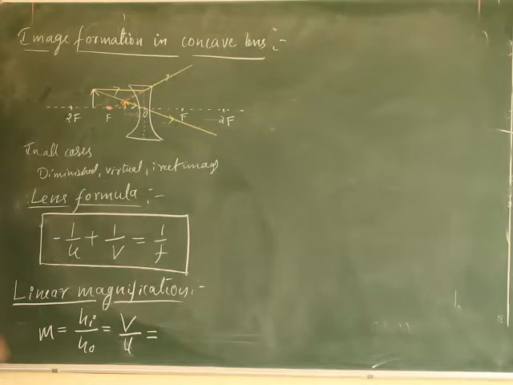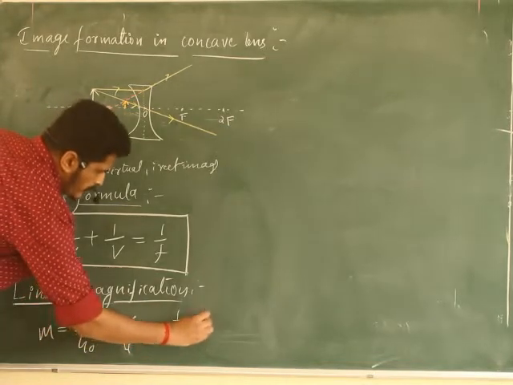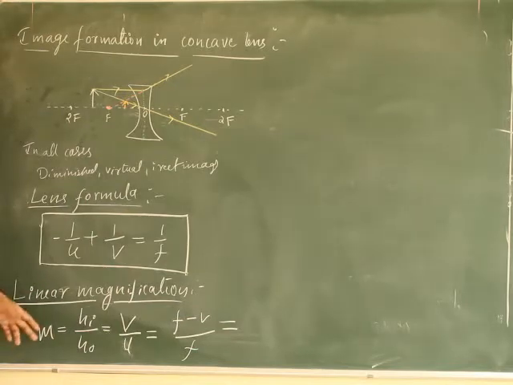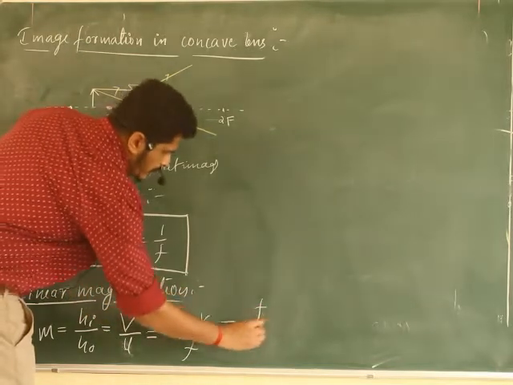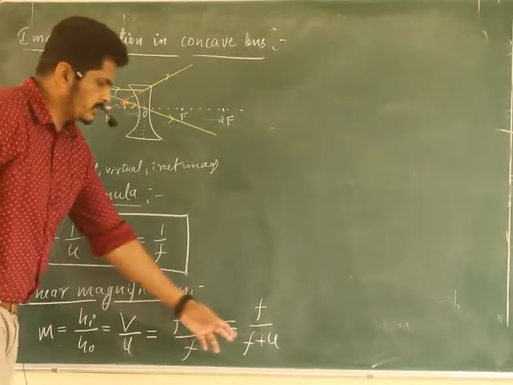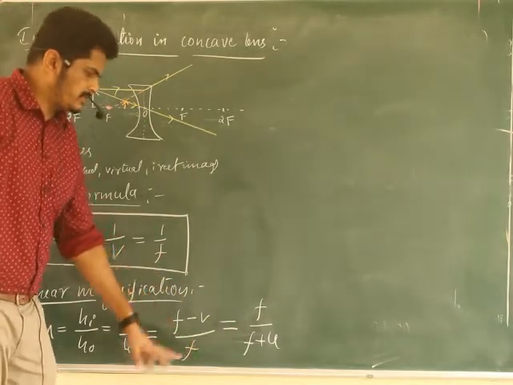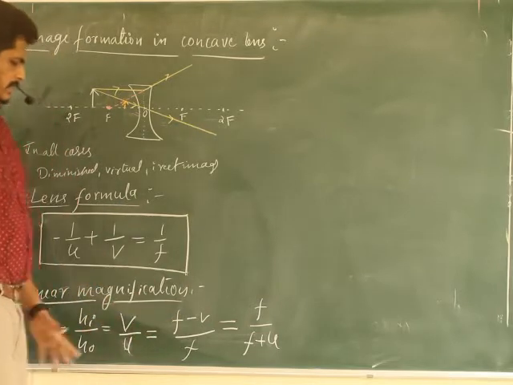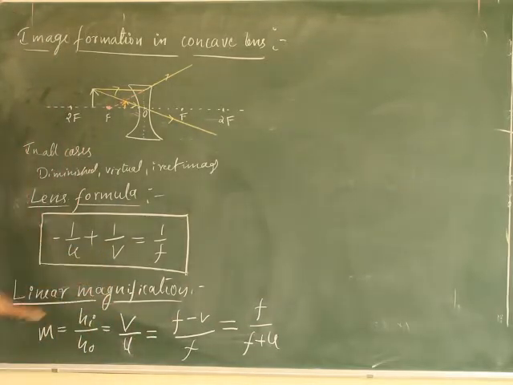So here this is f minus v by f. One more formula is there, that is f by f plus u. You know how to get all this because I have shown you some small step derivations in the previous concept, mirror. Here also you can apply it, and with the proper sign conventions you will get this formula.